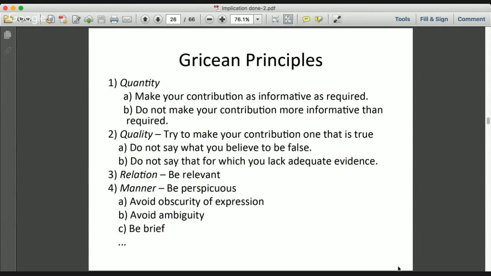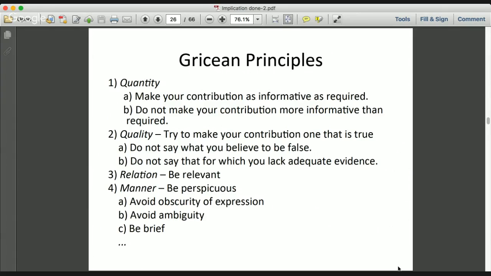So he catalogues a load of these, the main categories being quantity, quality, relation and manner. Quantity breaks down into two subsections: make your contribution as informative as required, and don't make your contribution more informative than required. In the quality section, try to make your contribution one that's true, so don't say what you believe to be false, and don't say that for which you lack adequate evidence.